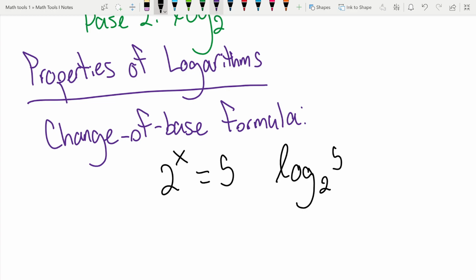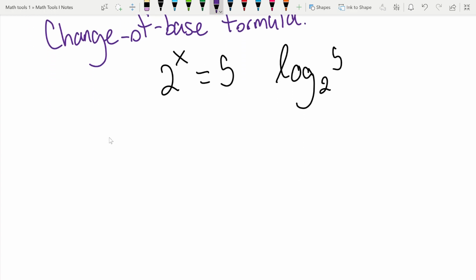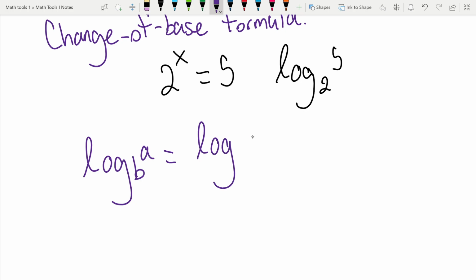The change of base formula is exactly what it sounds like. It lets us change the base of the logarithm. So if we have log base b of a, then this is equal to log of a divided by log of b.